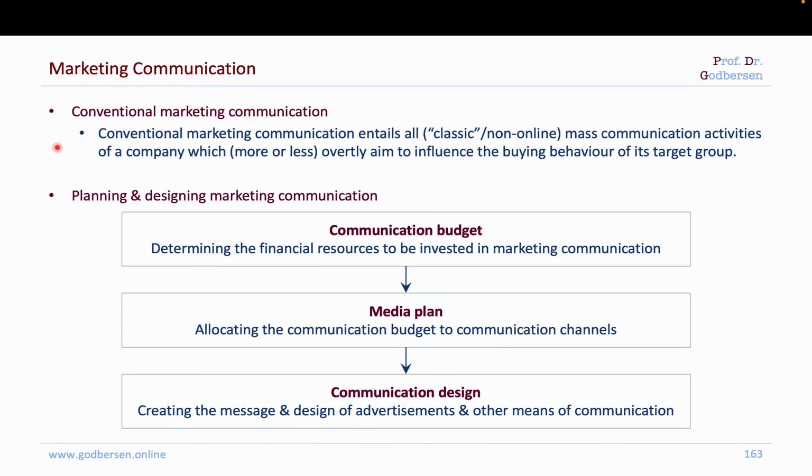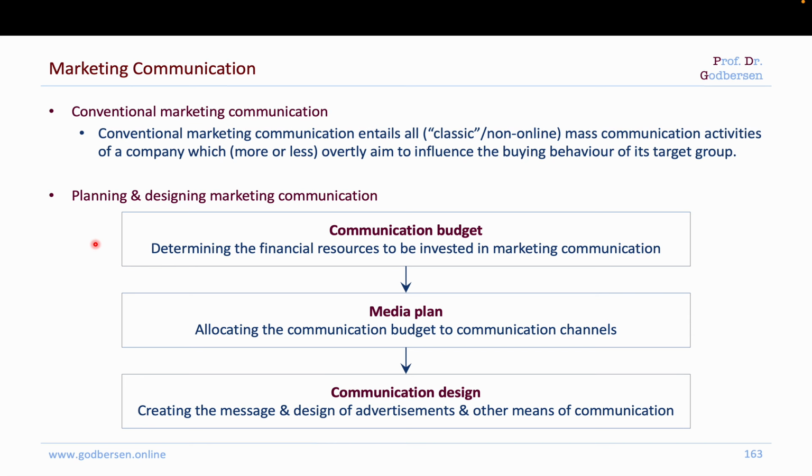Conventional marketing communication entails all, if you will, classic and non-online mass communication activities of a company which are rather overtly aiming to influence the target group's buying behavior. You need to go through 3 steps or phases when you're planning and designing marketing communication.